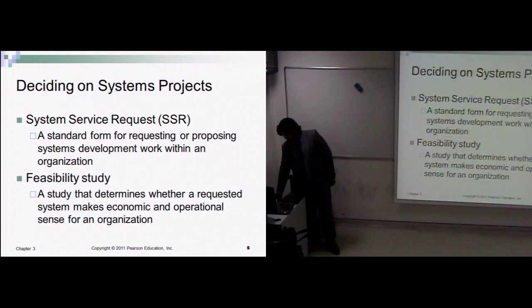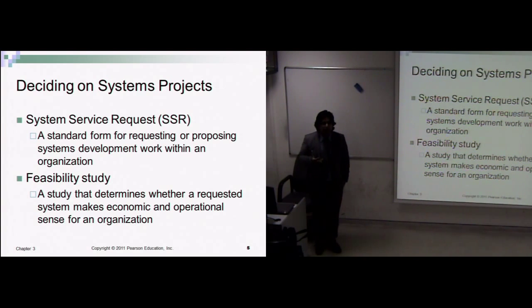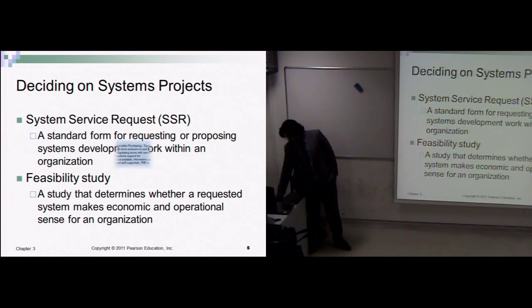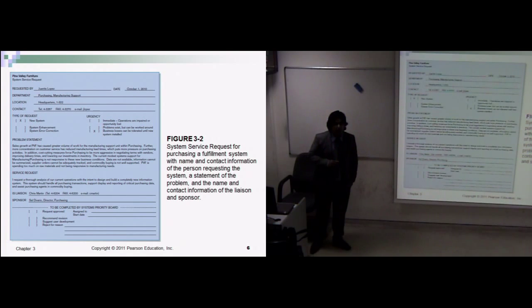Now we move further. We discussed what a system service request is. When some company wants to develop a system for them, how should they contact the development company? They make a system service request through a form. So this is the form. We discussed in detail that it has the name of the person of the company who is requesting a service.